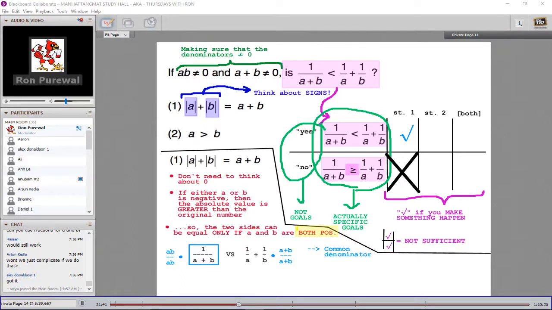Now, sorry, we gotta do more than that. We gotta multiply this one by A and A plus B. And then we got to do the other one by B, A plus B. So let's see what happens if we do that.